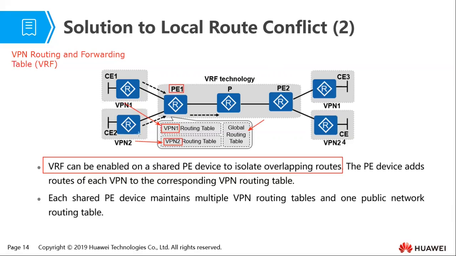172.16.1.1 from CE2 will be saved in the VPN2 routing table. 172.16.1.1 from CE1 will be saved where? In the VPN1 routing table.